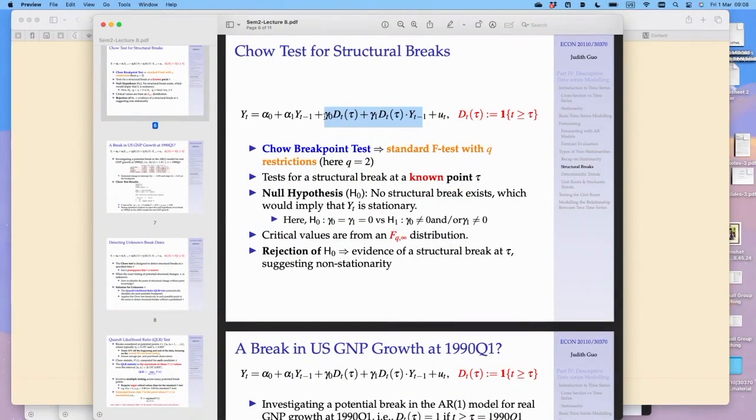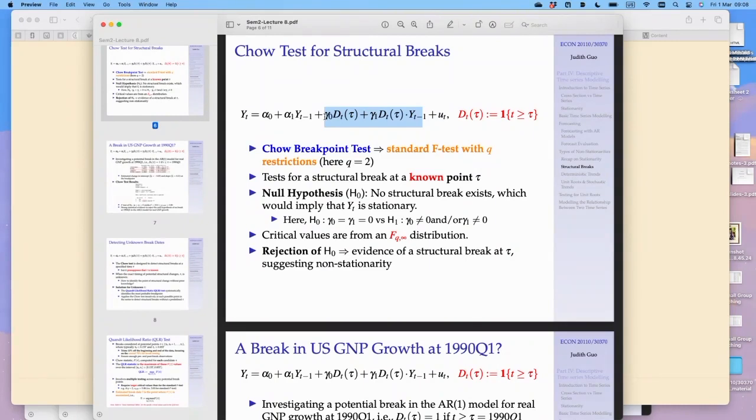Essentially, that means we'll have the same parameters for the entire data set, whereas the unrestricted model allows us to have different parameters, different intercept and different slope corresponding to different subsamples before and after the break.